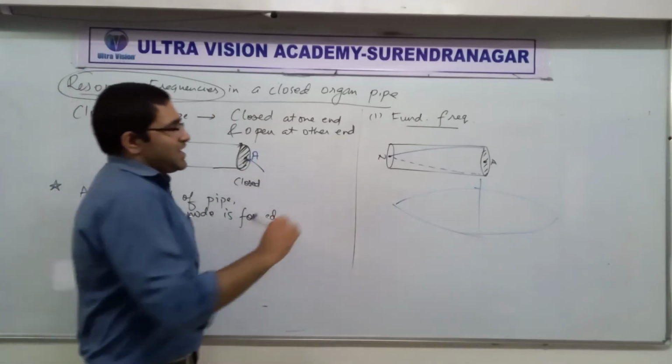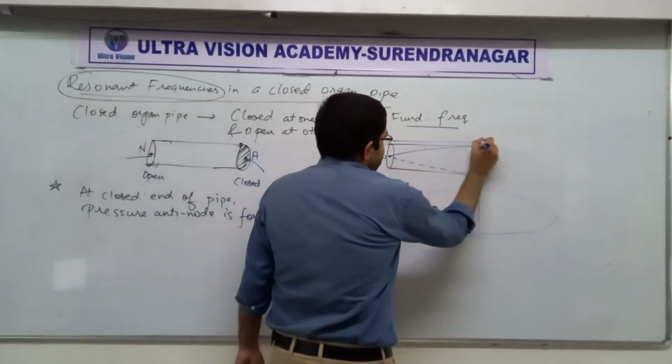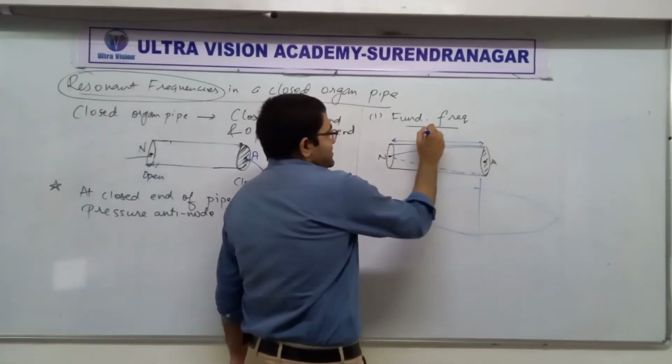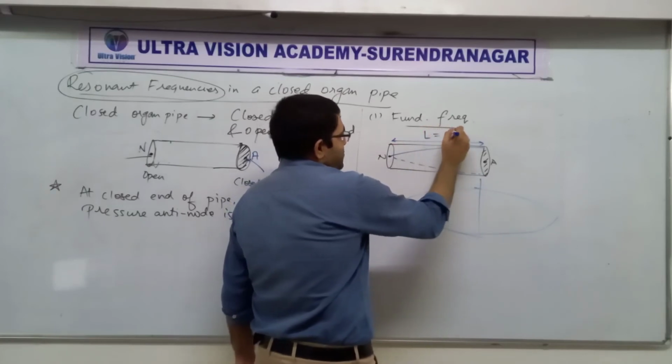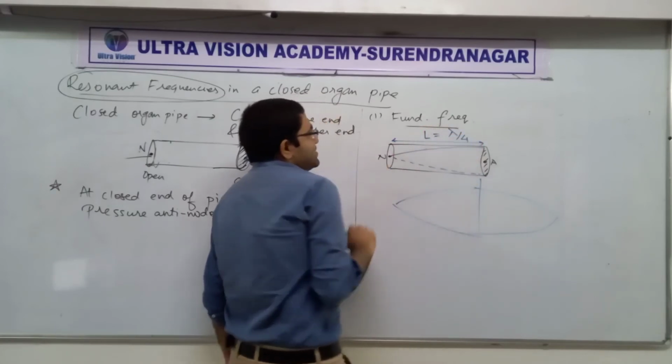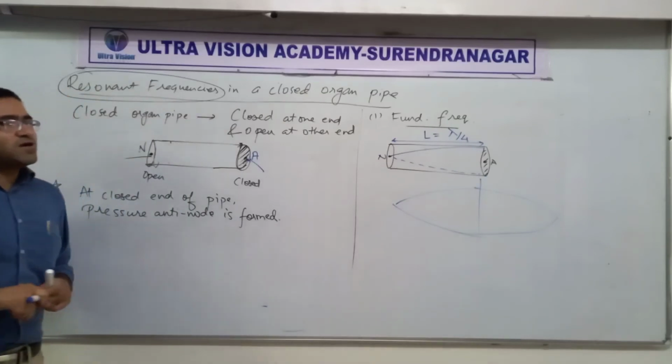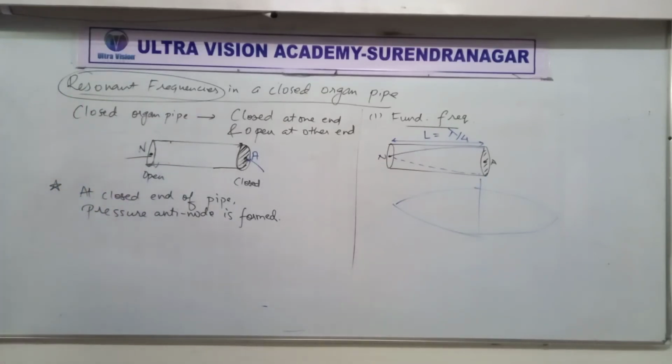So, do you realize that in this case, we have this length L is equal to lambda by 4. Raise your hand if you have understood lambda by 4.